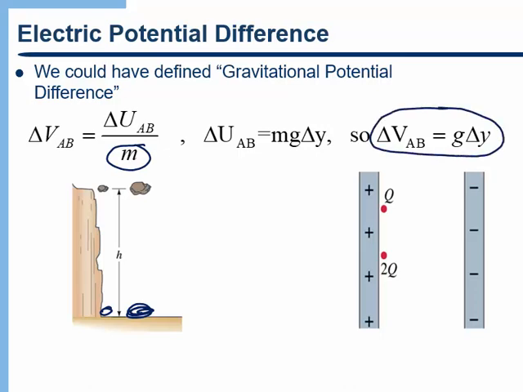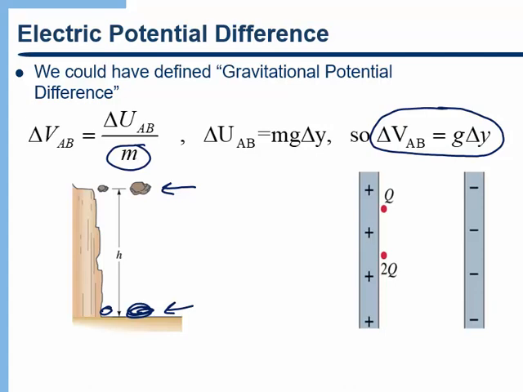So no matter what mass you put right here, if that object falls down to here, the gravitational potential difference it goes through is the same for both. It's the underlying thing that's the same for both of those masses as they go through that motion.